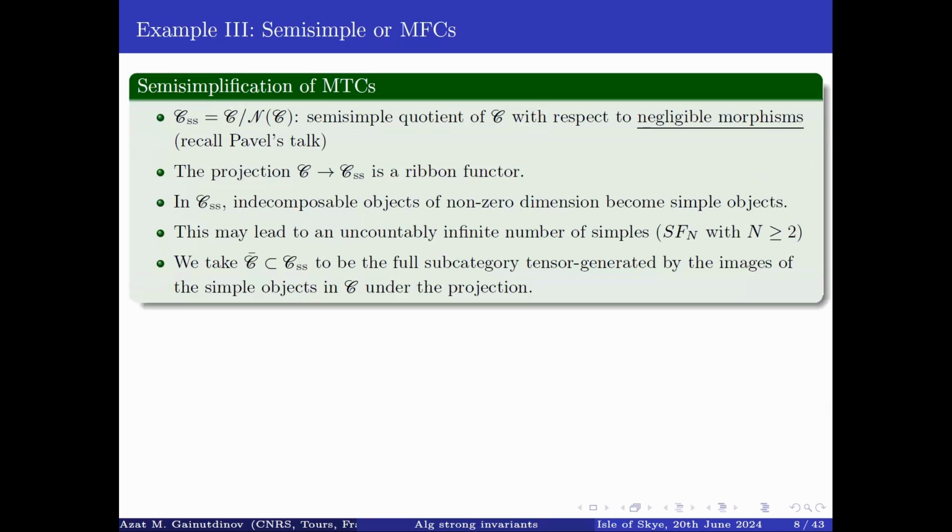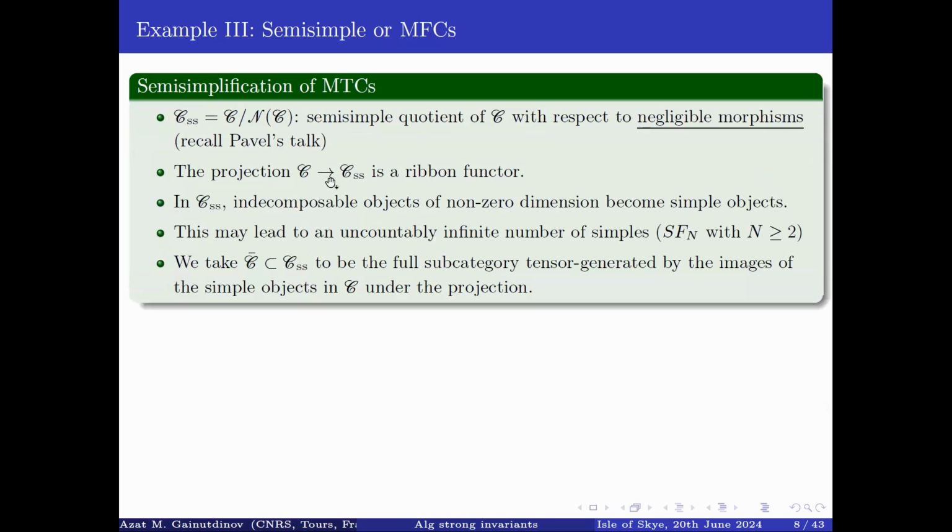So these were non-semisimple cases. When I talk about topology, I will relate it to semisimple cases. One of the sources of modular fusion categories is semisimplification, when we quotient my category by negligible morphisms, as was discussed yesterday.